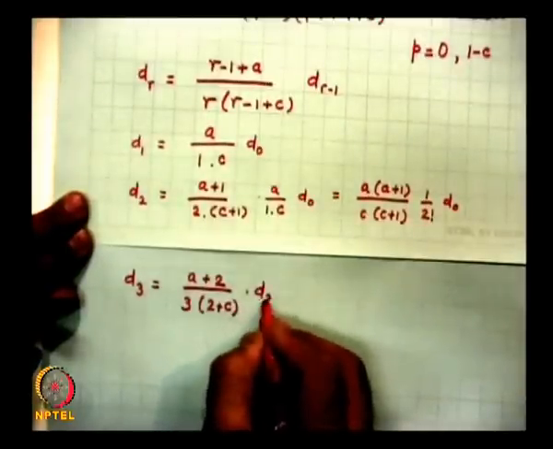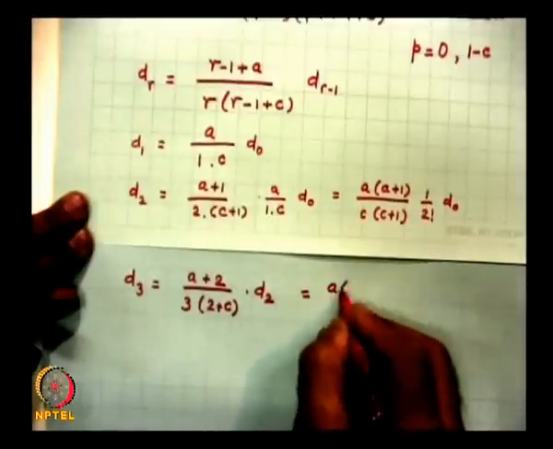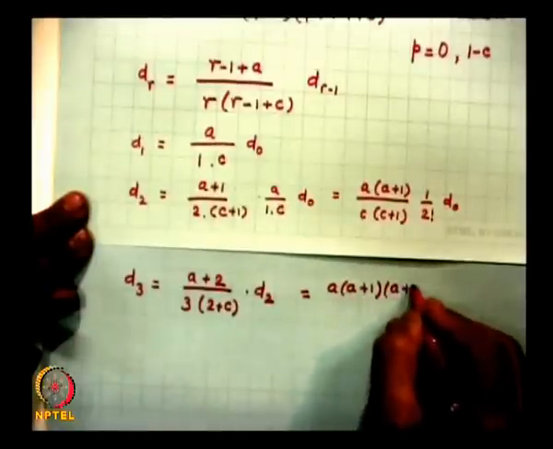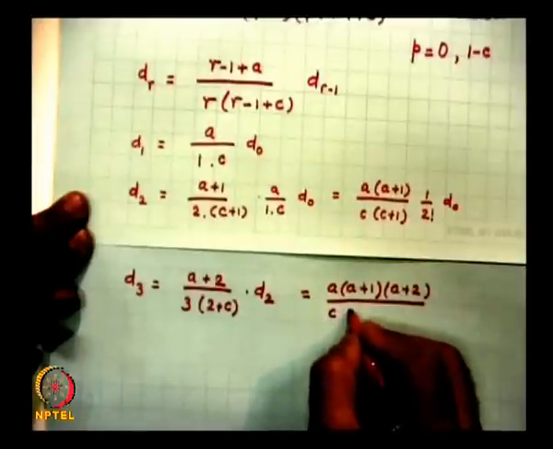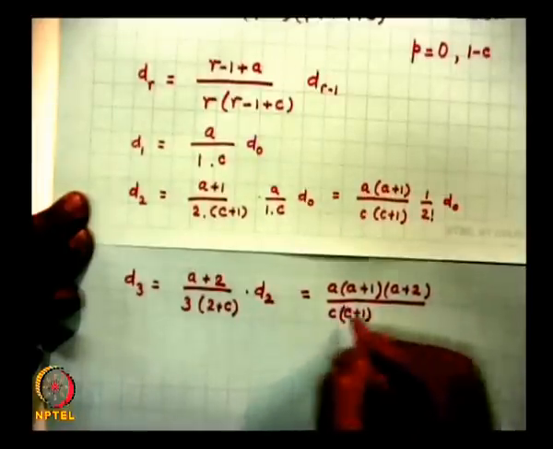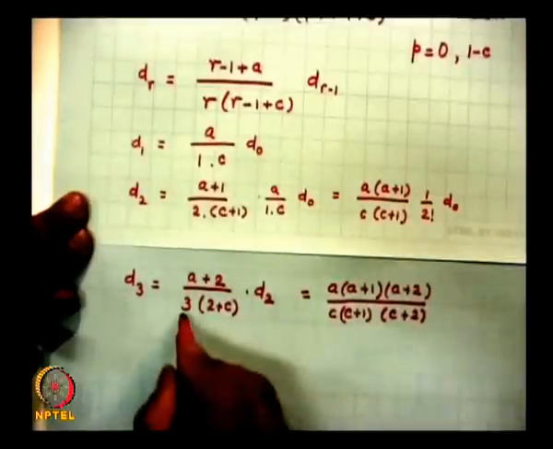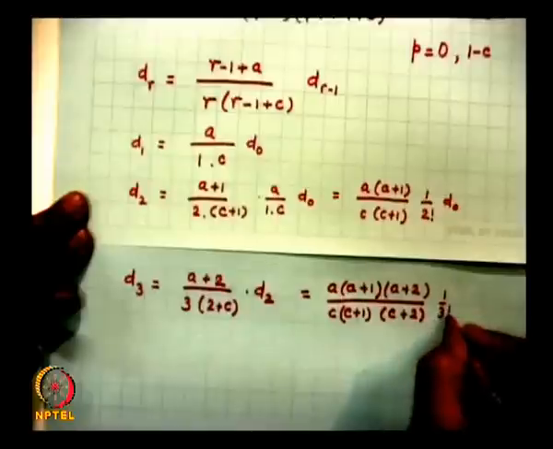So into d2, and d2 is given by this. So you will get a into a plus 1 into a plus 2 divided by c into c plus 1 into c plus 2, and then it is multiplied by 2 factorial, multiplied by 3 is 3 factorial into d0.